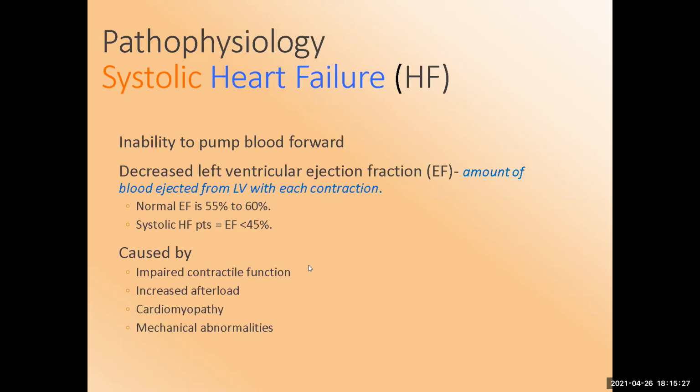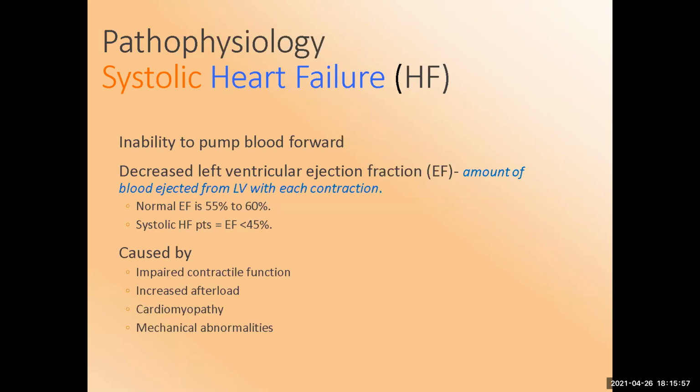So there's an inability to pump the blood forward. In systolic heart failure, there is decreased blood ejected from the left ventricle with each contraction. I'm sorry, I'm having a hard time talking this morning. Over time, the left ventricle, the LV, becomes dilated and hypertrophied.